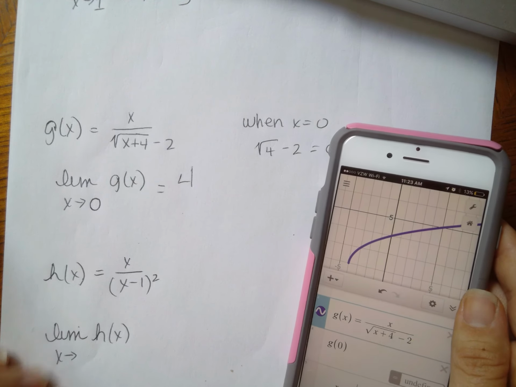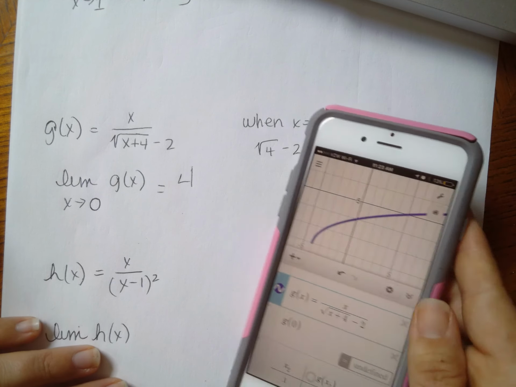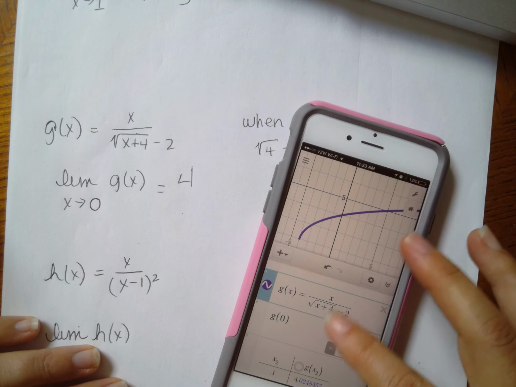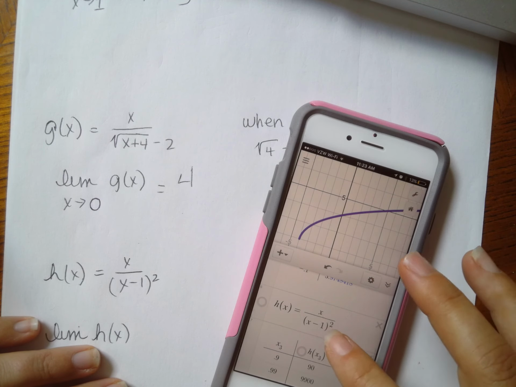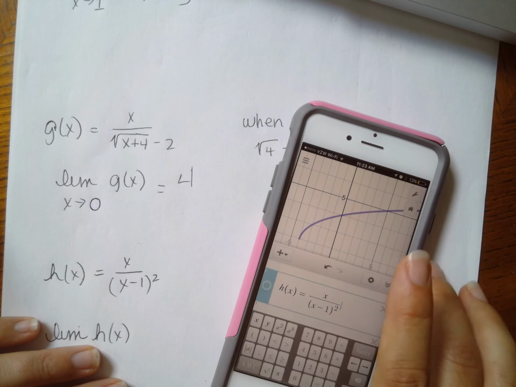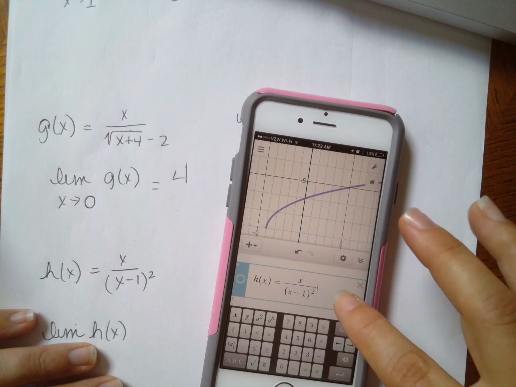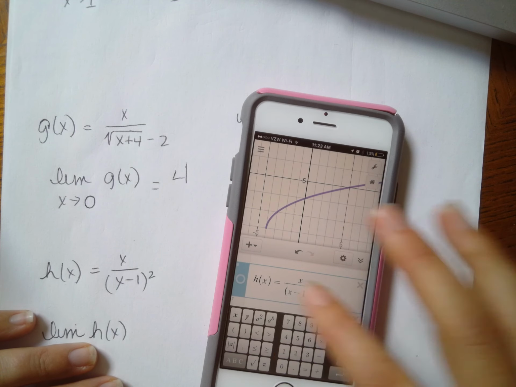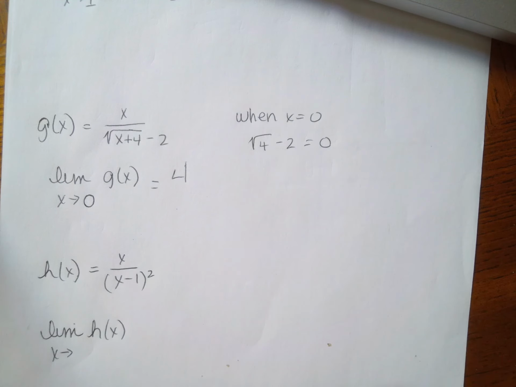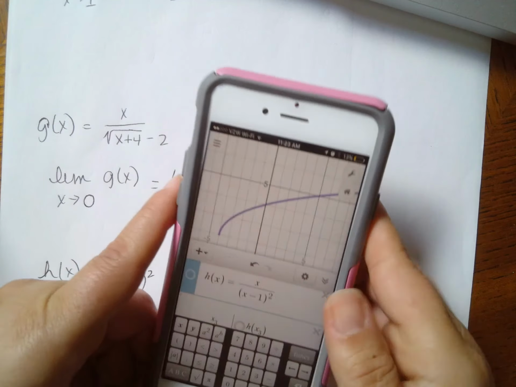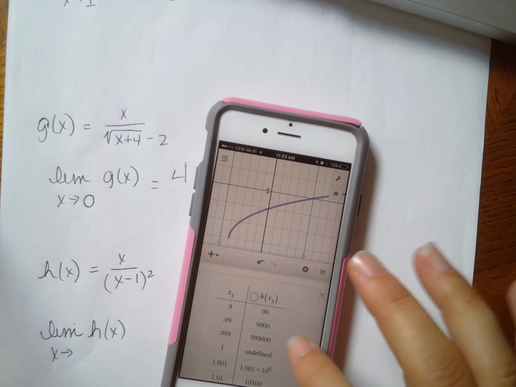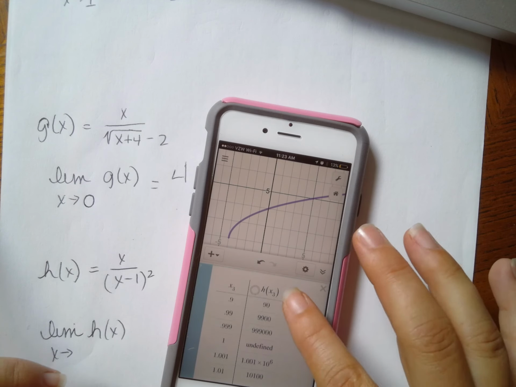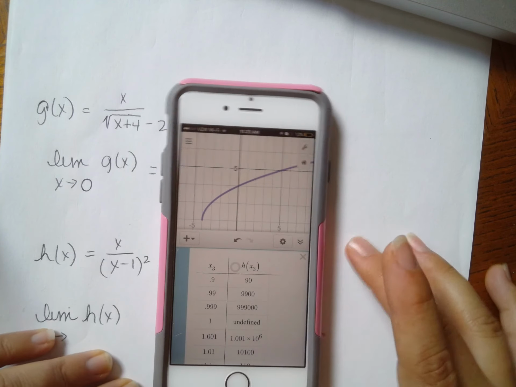All right, so let's look at this value down here. Now this time I have h of x equals x over x minus 1 squared. All right, so let's go to my table first. Okay, there we go. So here's my next table, and this is h again.